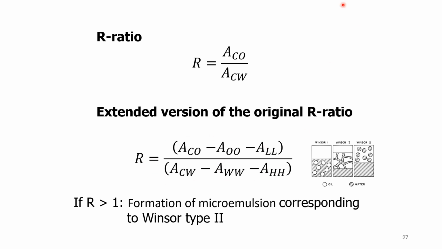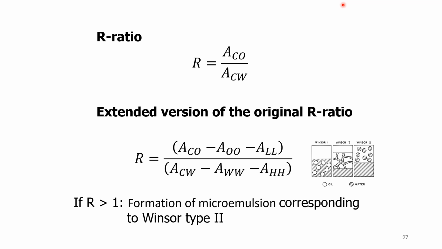So, the initial primary concept is that the R ratio of the cohesive energy arising from the interactions of the interfacial layer with oil, divided by the energies resulting from the interactions with water, determines the preferred interfacial curvature.